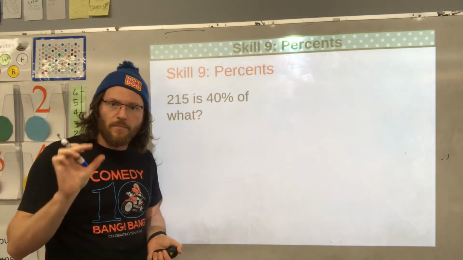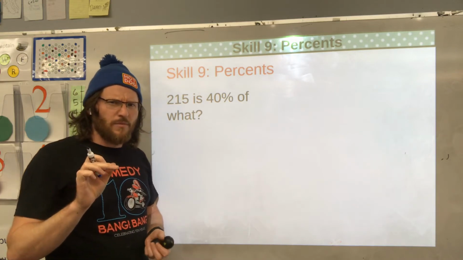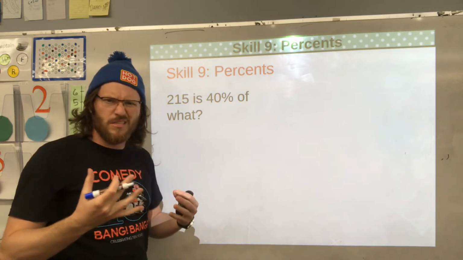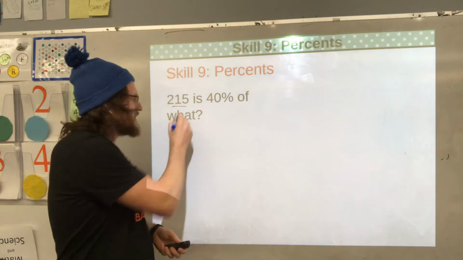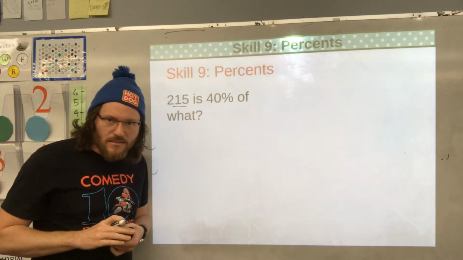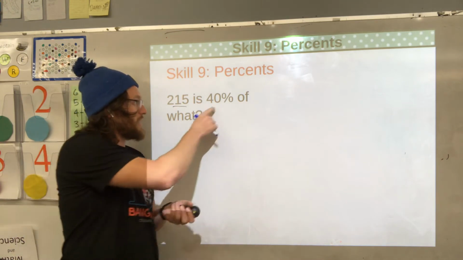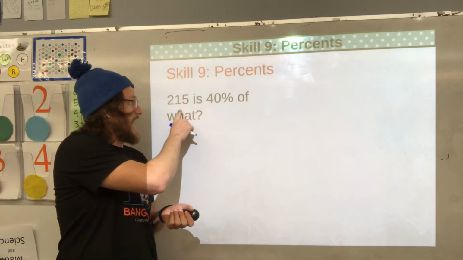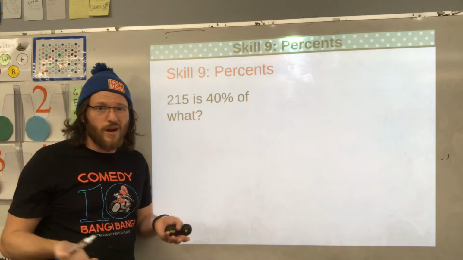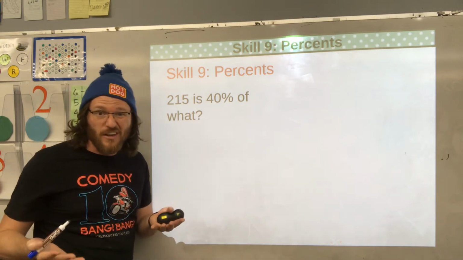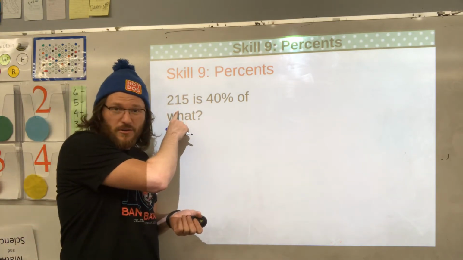It's that piece of the pie. So do we expect the number that we come out with, the whole thing, to be smaller than 215? That doesn't really make sense here. We expect this number to be bigger, and if this is only 40%, that's not even half. We expect our number to be somewhere around 500. It's going to be way bigger than 215.